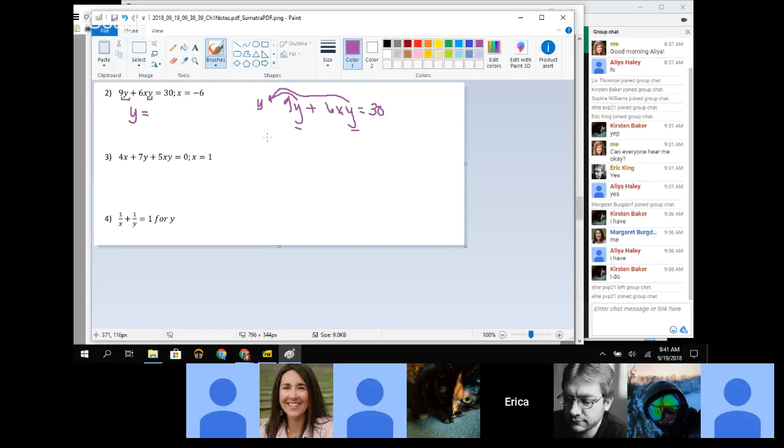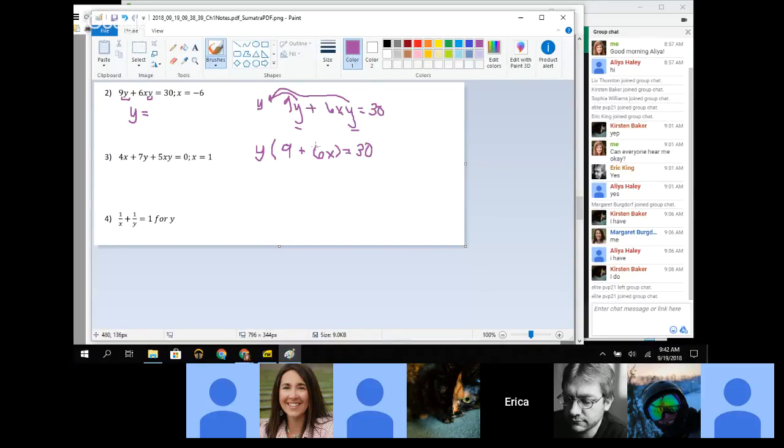Okay, so what if I pulled a y out? It's basically reverse distributive property, right? If I pull a y out, then I'm left over with, if I pull a y out of 9y, I'm left over with 9, right? And if I pull a y out of 6xy, I'm left over with 6x, and that equals 30.